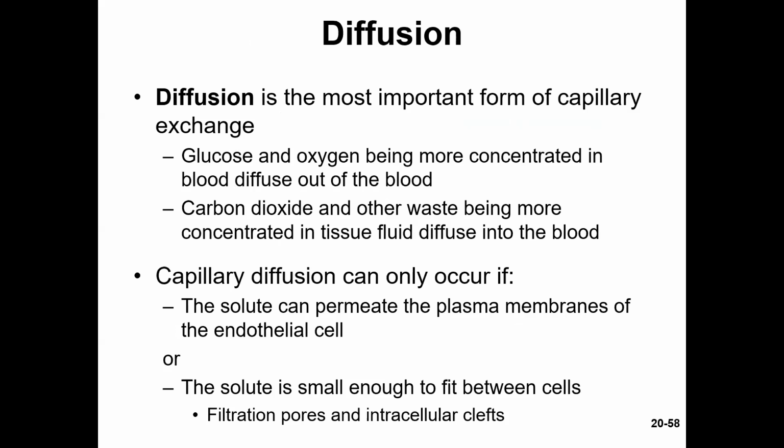Carbon dioxide and other wastes, being more concentrated in tissue fluid, will diffuse into the blood. Capillary diffusion can only occur if the solute can permeate the plasma membranes of the endothelial cell, or the solute is small enough to fit between the cells, through the filtration pores and the intercellular clefts. That's what they're for.